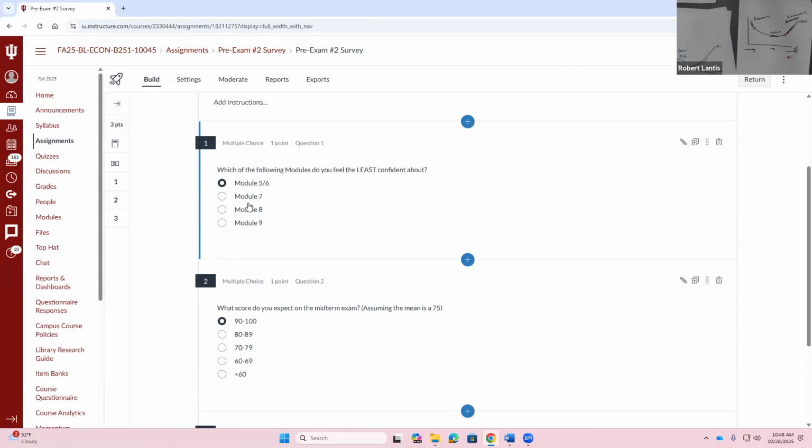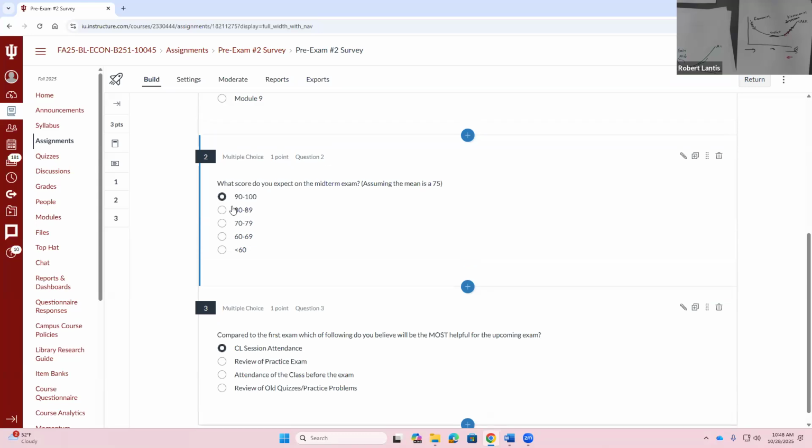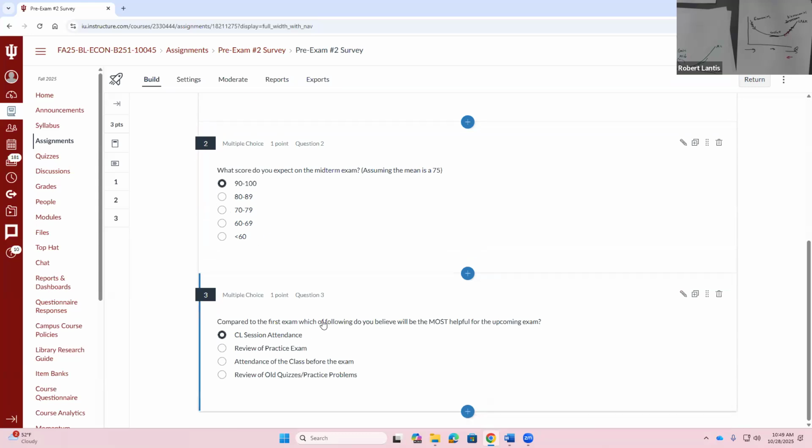I want to see what you struggled with the most prior to exam 2, and that might change how much time I focus on things in certain modules after exam 2. I'm also curious about your confidence in what you expect your score to be, assuming the mean of this exam is probably somewhere between 75 and 80. Let's assume it's a 75. Which of these categories do you think your grade would be in? And which of the following do you find most helpful?